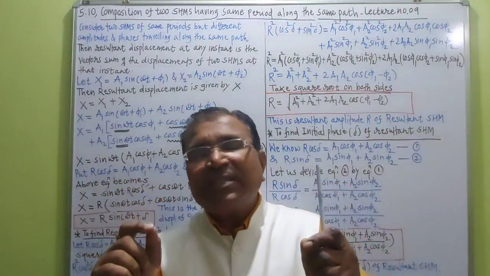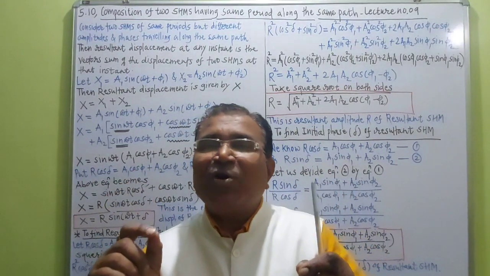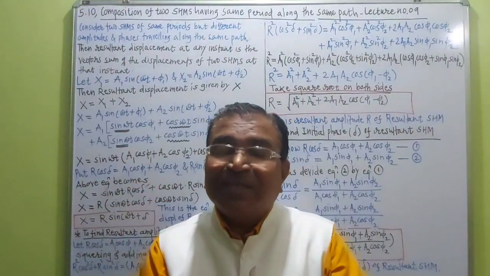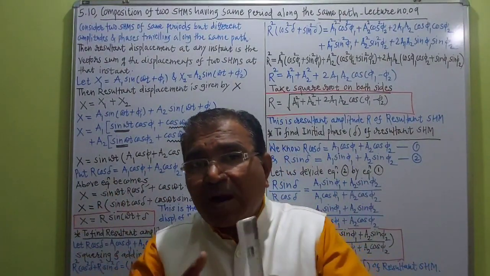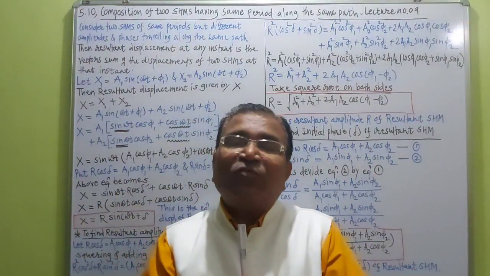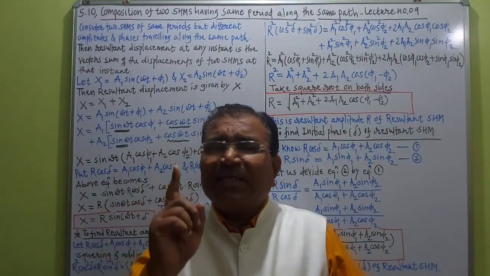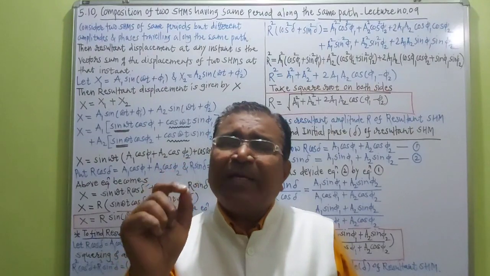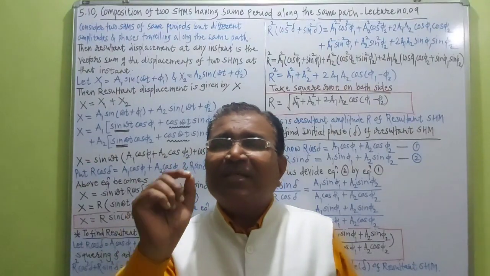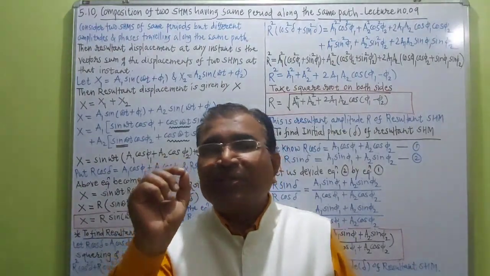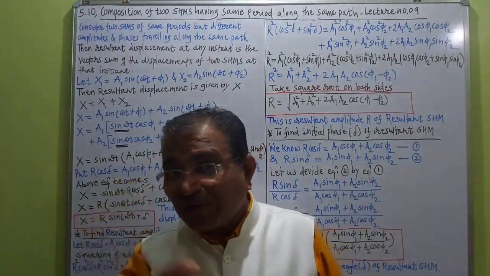Such two SHMs are traveling along the same path. When these two SHMs combine together, we get a resultant SHM. This resultant SHM mainly depends upon the principle of superposition of waves.